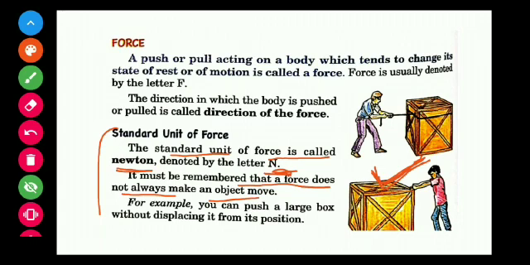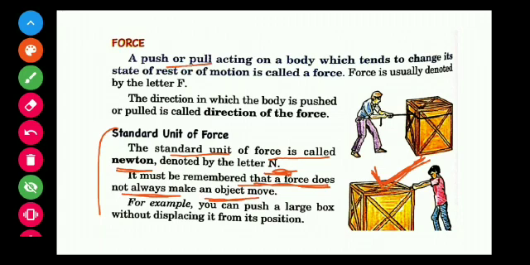It is not compulsory that after applying the force there should be a displacement. For example, if you apply a force on a wall, then there is no motion, but in that case we apply a force.